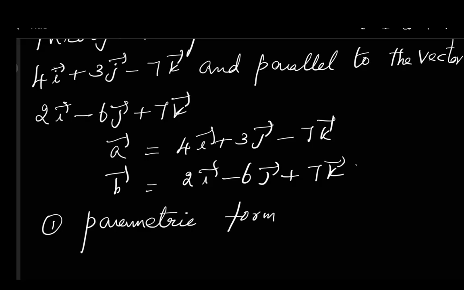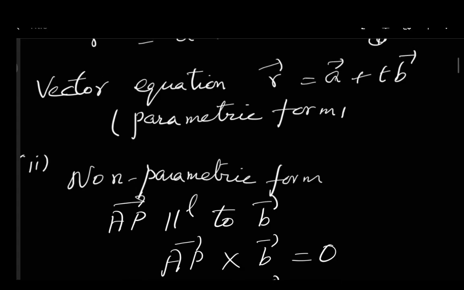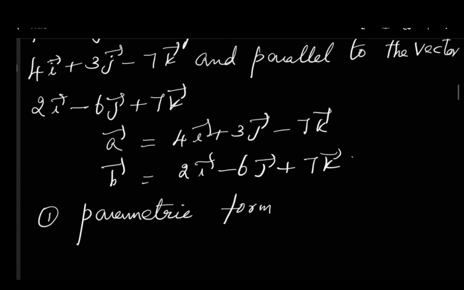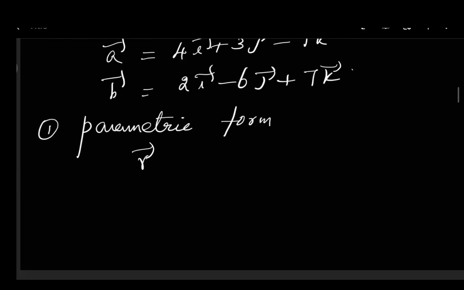Parametric form. The first form, parametric form, is vector r equals a plus t vector b. Just write that: vector r is equal to vector a plus t vector b.